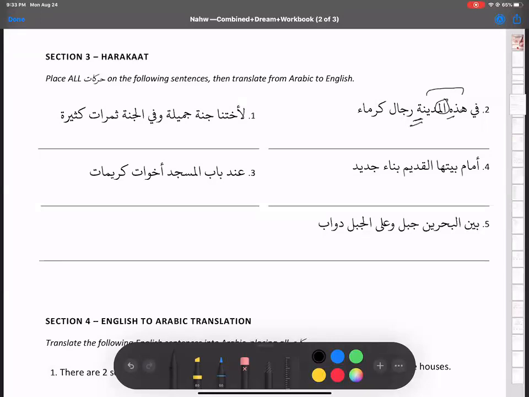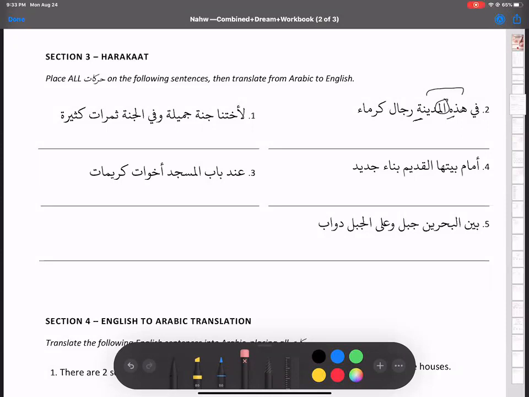Why can't I say Madinatin here? Because it's a proper noun, it's al. And the names of places cannot take tanween. You guys are forgetting. Oh. Yeah. Okay. So fi hazihil madinati.